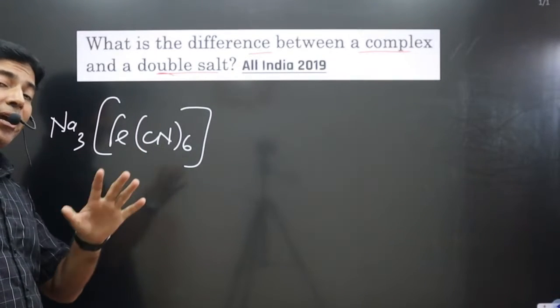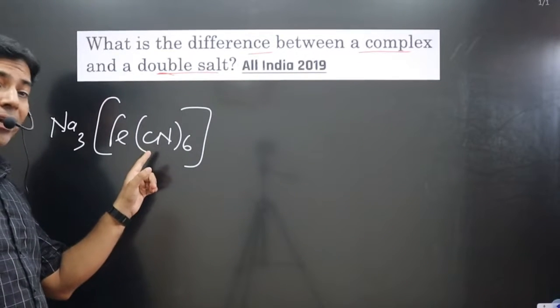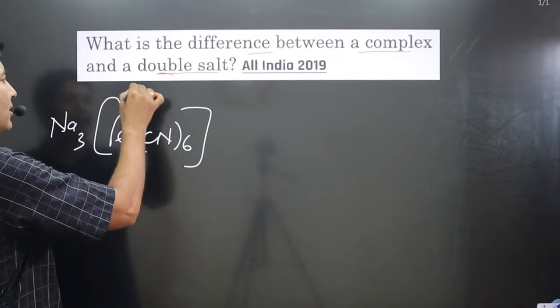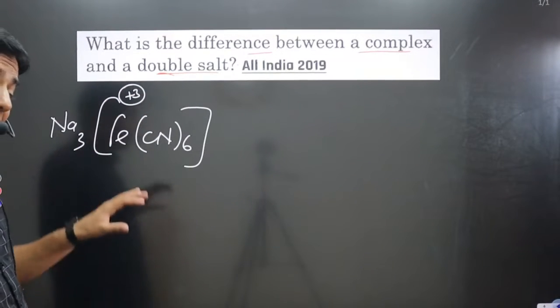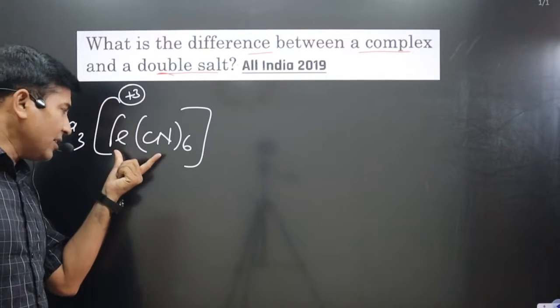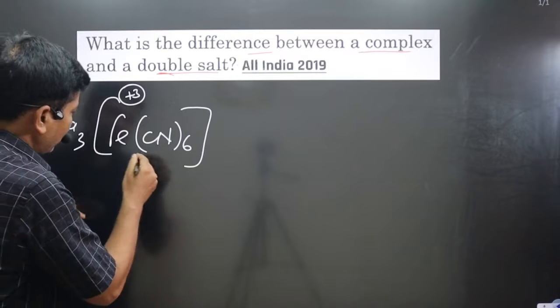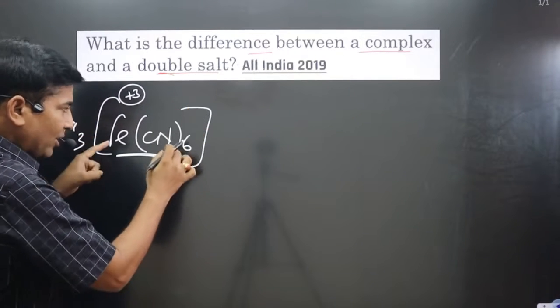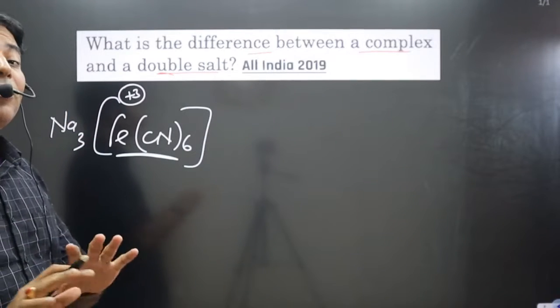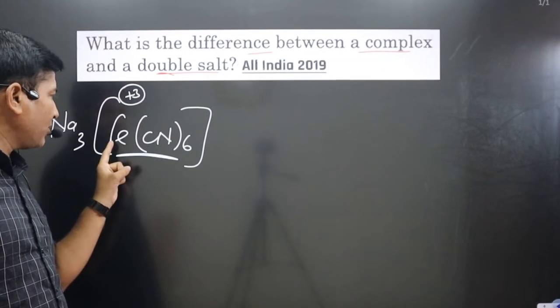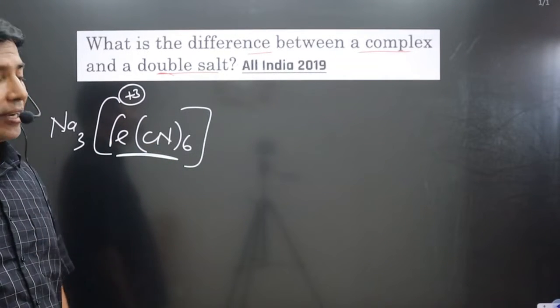You can see cyanide ion is present. If you calculate the oxidation number of Fe, it is present in +3 oxidation state. This is ferric. Ferric ion is also present. But since they never undergo dissociation in the water, this species which is present inside the coordination sphere will never undergo dissociation. That's why it will never give the positive test for the ferric ion as well as cyanide ion.